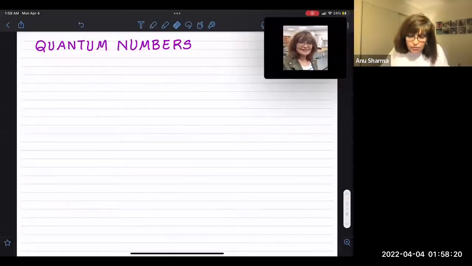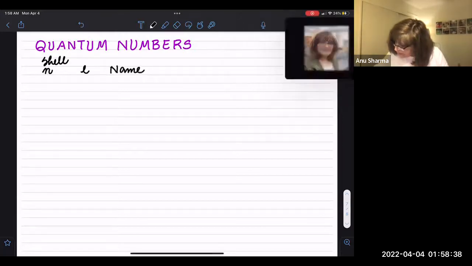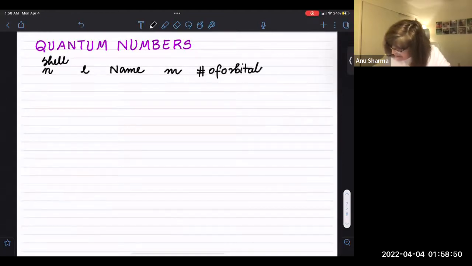Now let's look at the quantum numbers. There are some rules here. So n stands for the shell, and then the value of L, and the name, and we have the m, and then we have the number of orbitals, and we have the number of electrons.